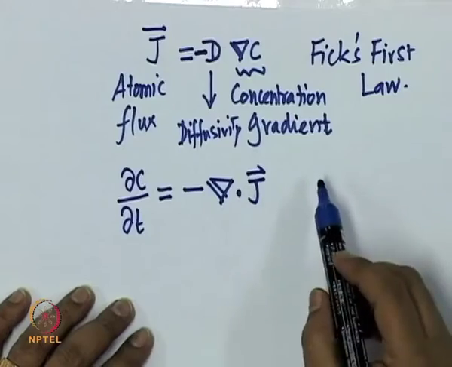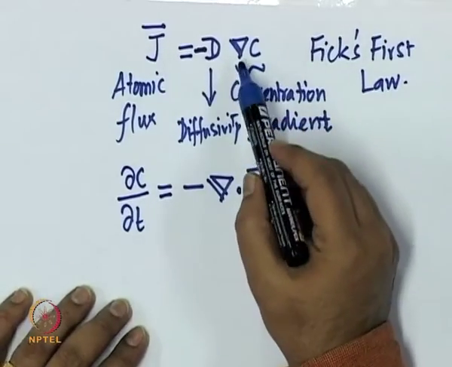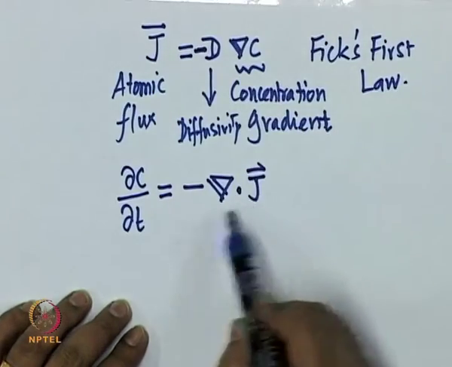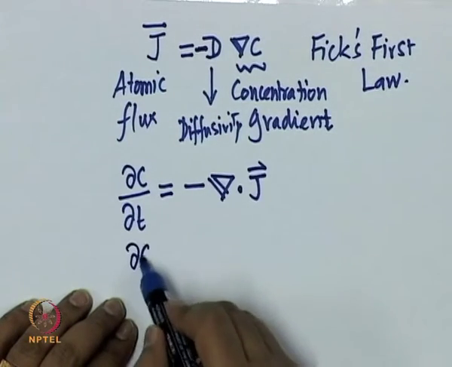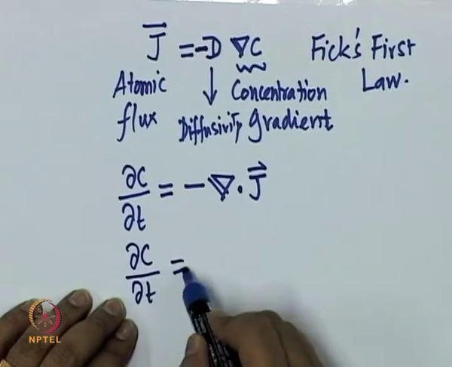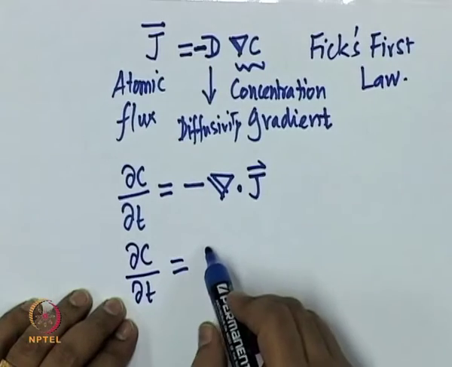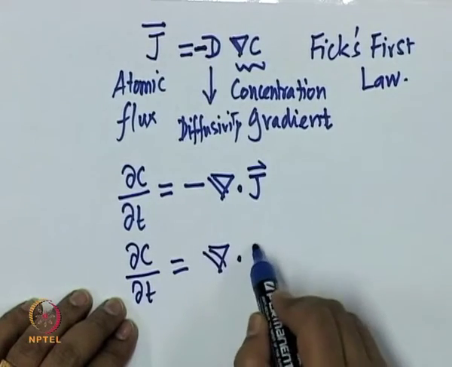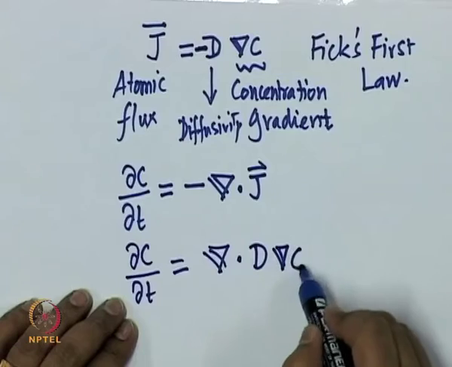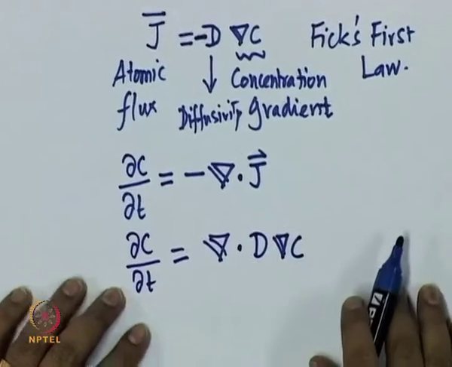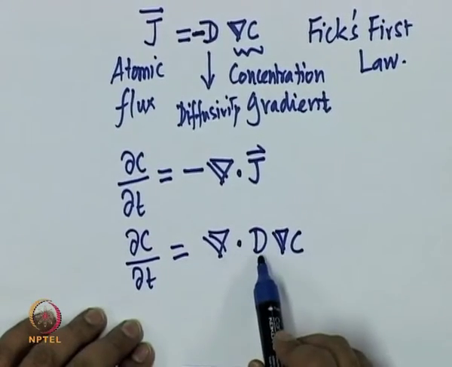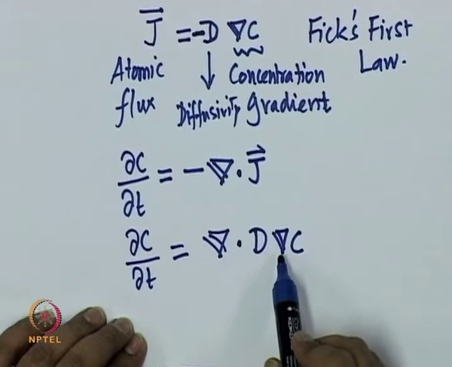Okay. Now, if you then substitute this J from here into this expression, what do you get? You get dou C by dou t is equal to, minus sign goes away, del dot D del C. Now, typically one assumes that this diffusivity is a constant.